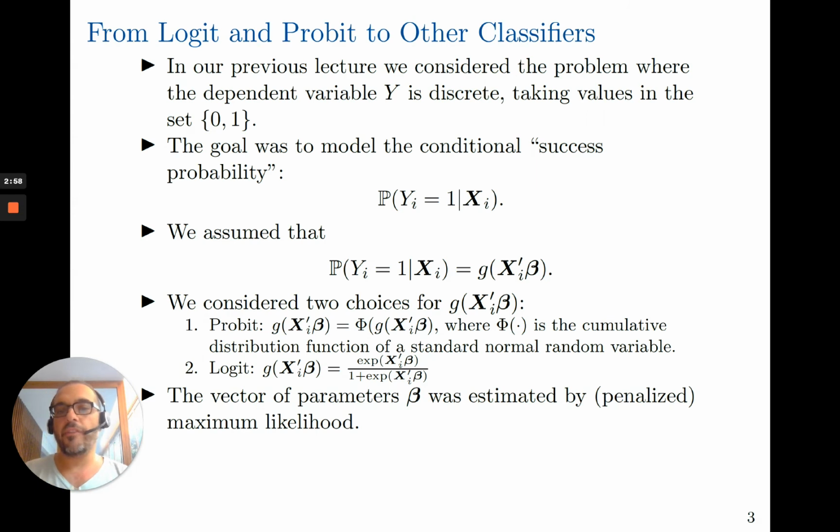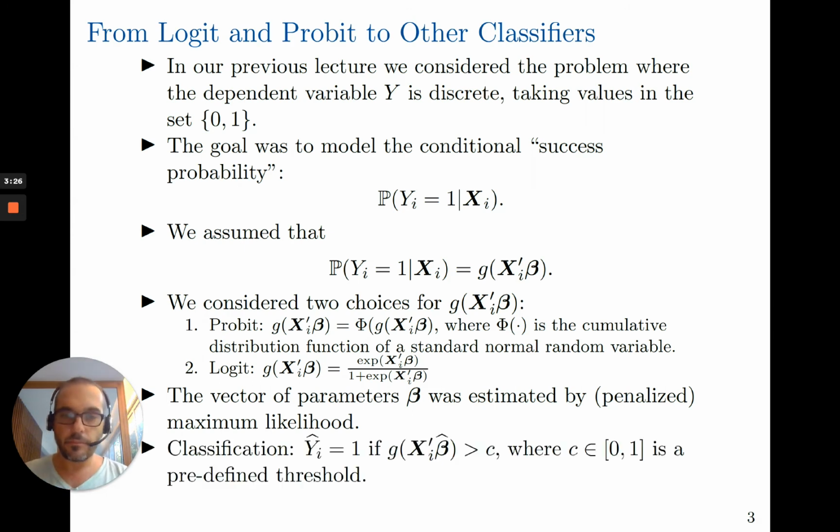Usually the vector of parameters beta has to be estimated by maximum likelihood. In large dimensions, we can use penalized maximum likelihood with ridge penalties, lasso penalties, elastic net penalties. So basically all the penalties that we have studied so far can be applied to this maximum likelihood problem.